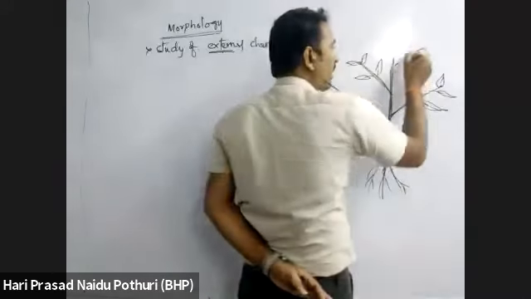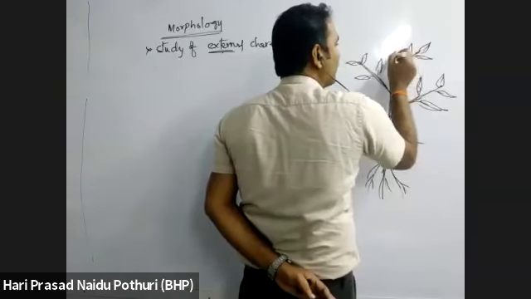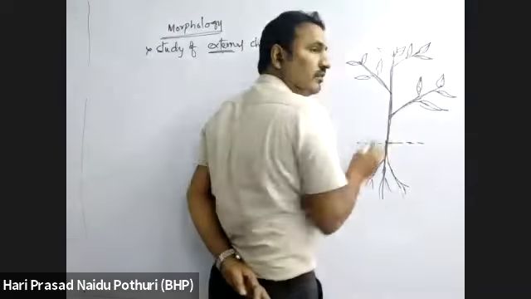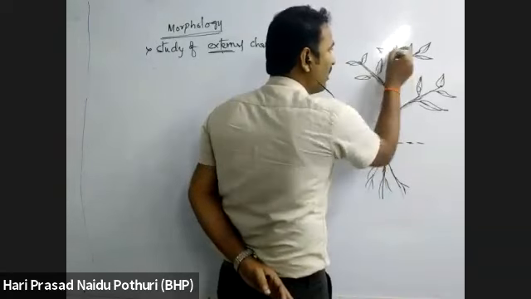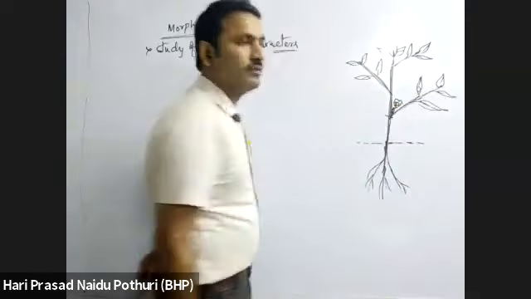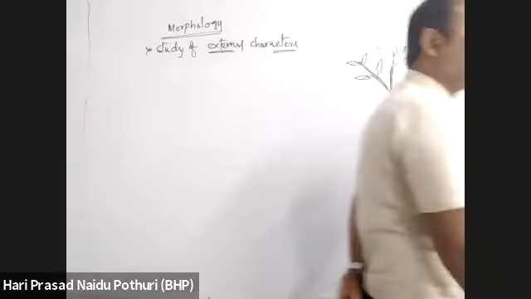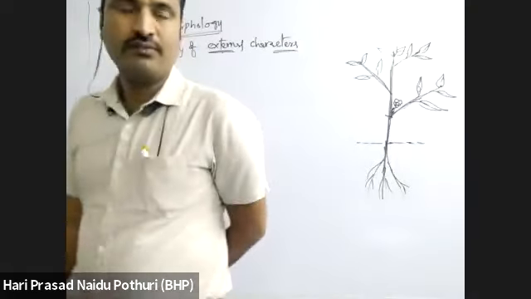Okay. And when these plants are reproducing, they will produce flowers. Flowers may be produced near the node or at the tip, like that. Then from those flowers, there is formation of fruit and seed. So all these parts of plants are visible, which are external characters.